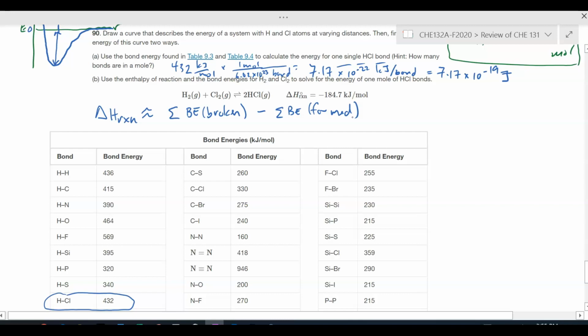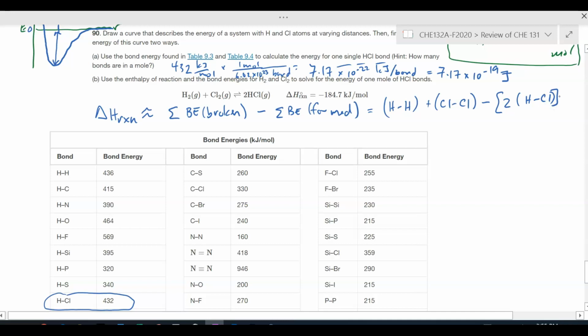If we look at this reaction, we're breaking a hydrogen-hydrogen bond and a chlorine-chlorine bond, and then we're forming 2 times a hydrogen-chlorine bond, right?